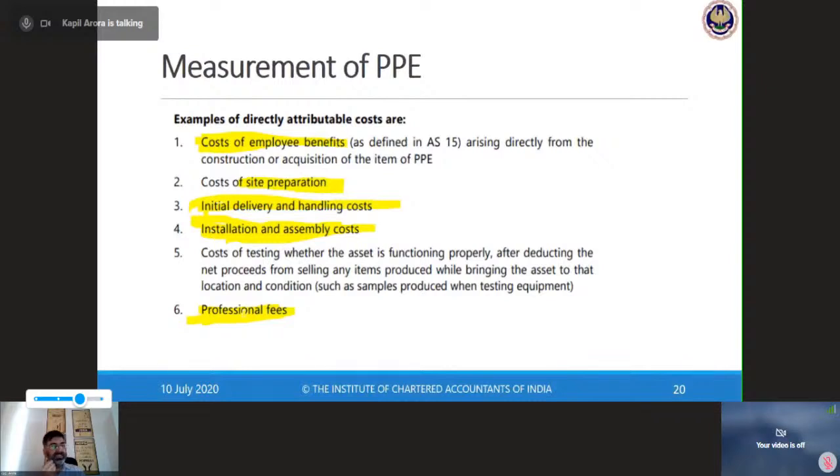So whenever these things happen, we have to make sure what exactly we are considering here, whether these are required expenses or not. So as we mentioned, the cost of testing is also a required expense.